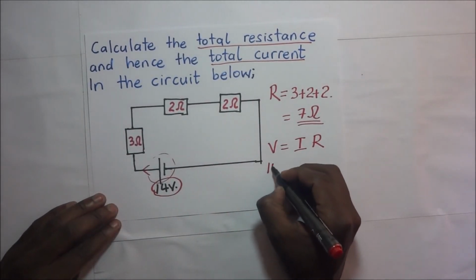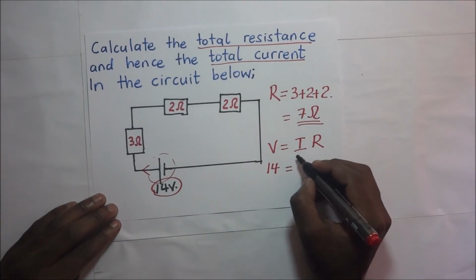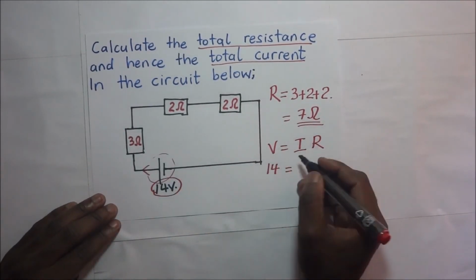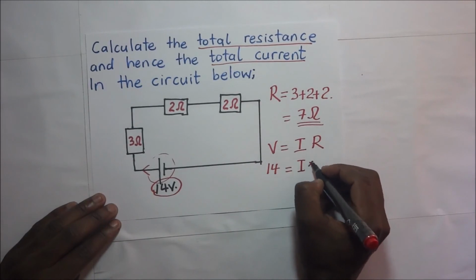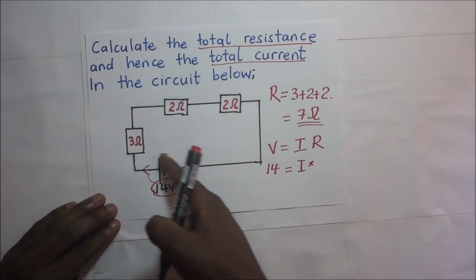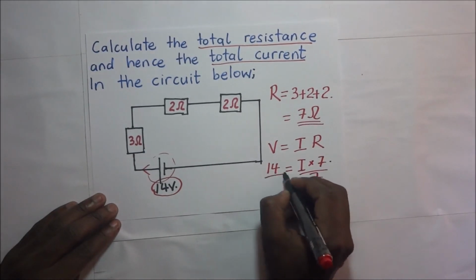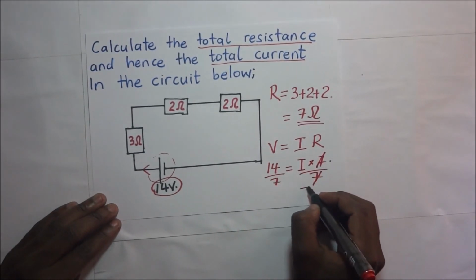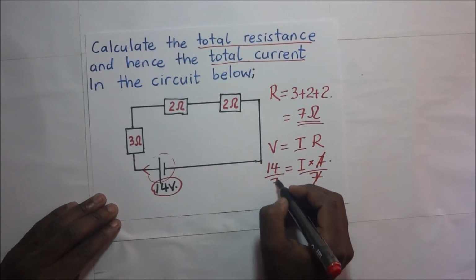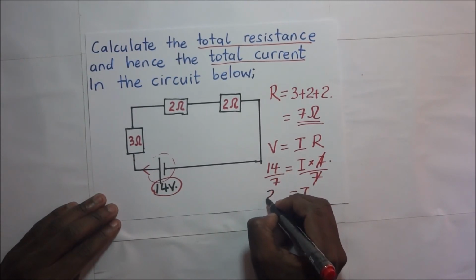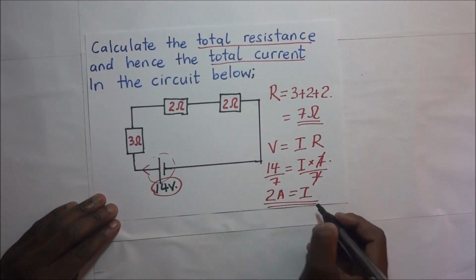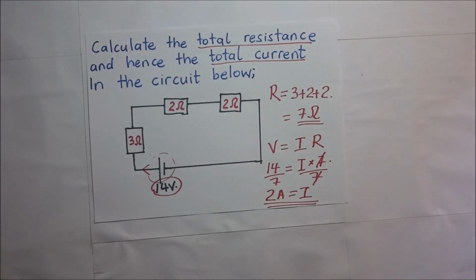So 14 volts is going to be equal to the current going through this whole circuit, which we are looking for, multiplied by the effective resistance in this circuit, which we got previously as 7. When we divide both sides by 7, we shall end up with our current as 14 divided by 7, which is 2 amperes. This brings us to the end of this video.